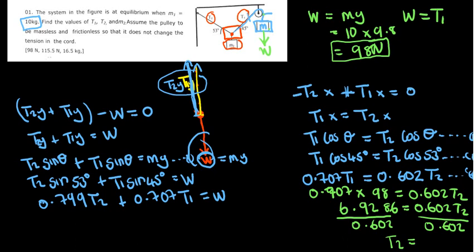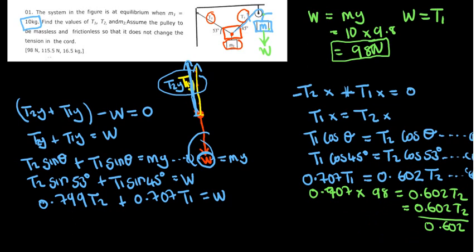Sorry, 98 multiplied by 0.707. Okay, so as you can see, there was a slight mistake here. Let me erase that part. There was a slight mistake in our calculations. I hope you spot that out.